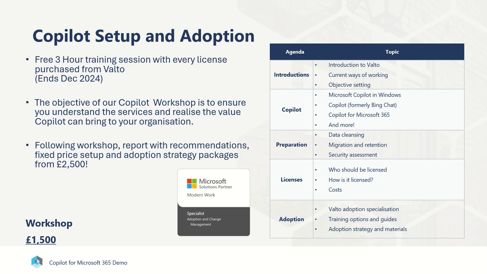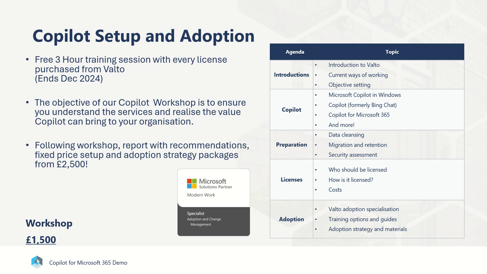Now, going forward with Copilot, you will want to look at having an adoption strategy to ensure a successful rollout. The first stage of this is to conduct what we call a Copilot workshop. Valto can host this, and Valto will come in for a full day, or we could do it remotely over multiple sessions, as we've looked at in Microsoft Teams.